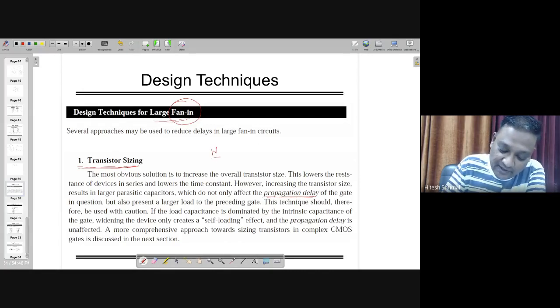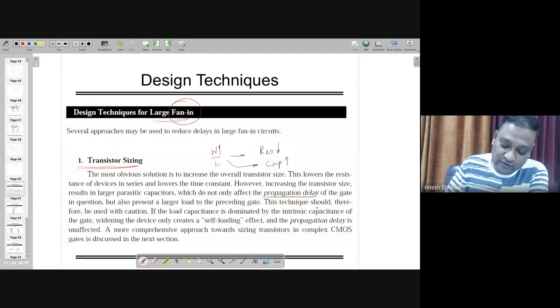Increasing W by L means increasing W is going to decrease the resistance, but at the same time it's increasing the capacitance also, right? So it's a trade-off, but we have to make sure that things happen this way.